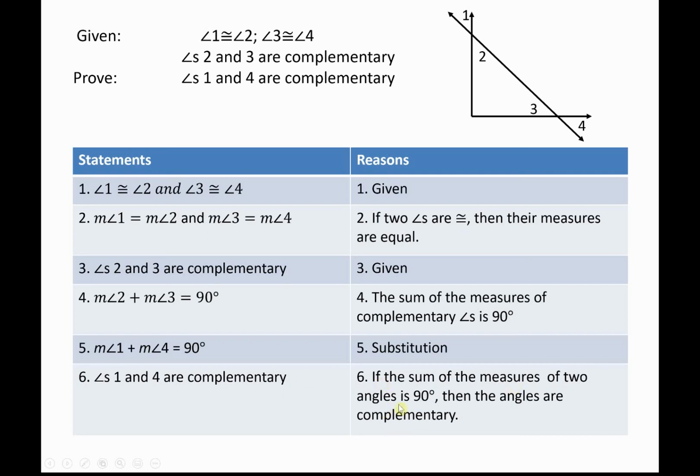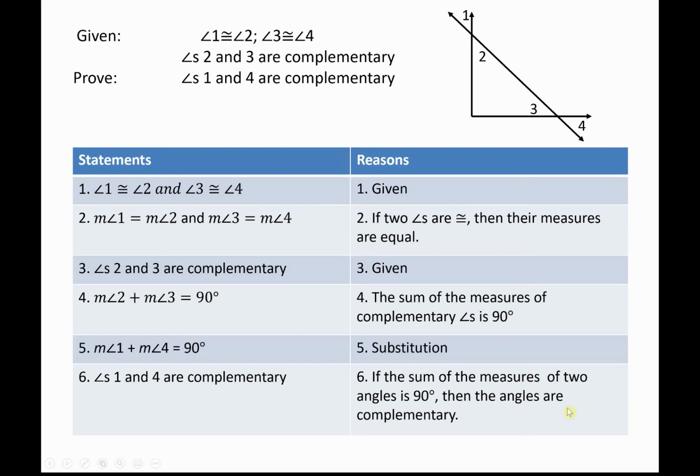If the sum of the measures of two angles is 90 degrees, then the angles are complementary. So this is, again, the definition of complementary angles in the form of a conditional statement. And so we're using this sum of the measures is 90 degrees business in order to categorize angles 1 and 4 as complementary. That's our proof statement. We have a complete and correct proof.